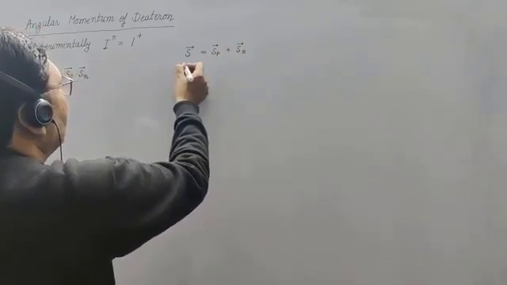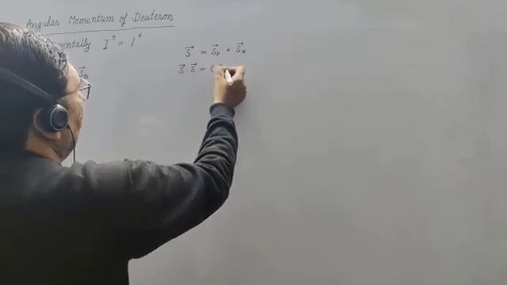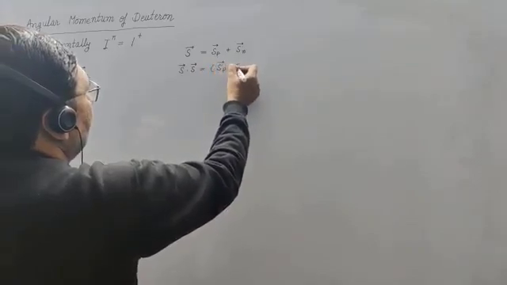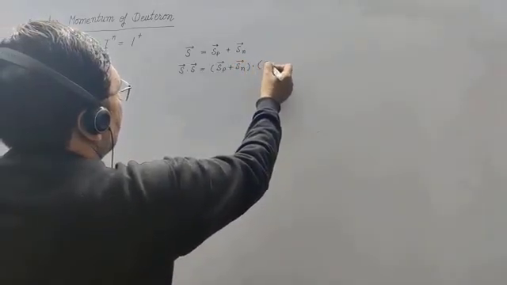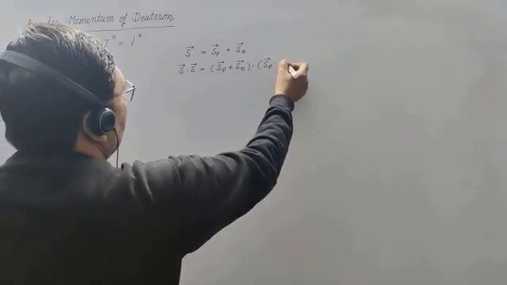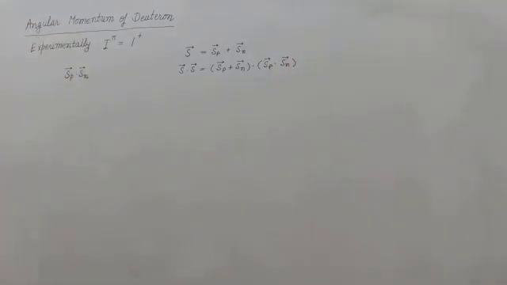So s vector dot s vector will be equal to (sp vector plus sn vector) dot (sp vector plus sn vector).